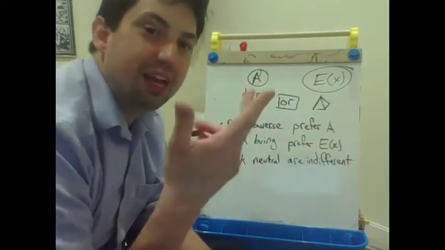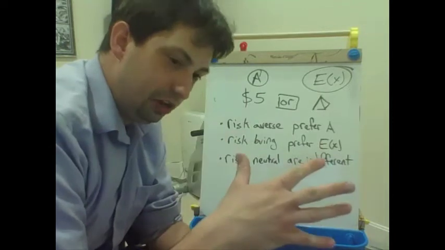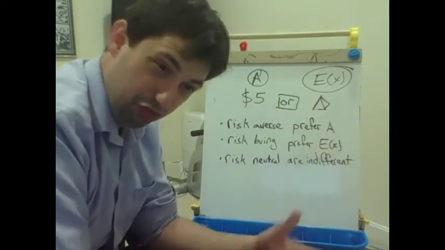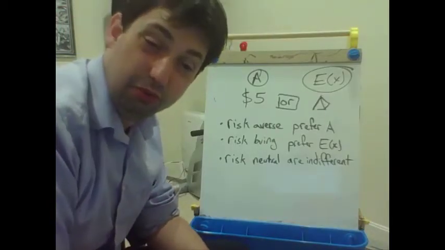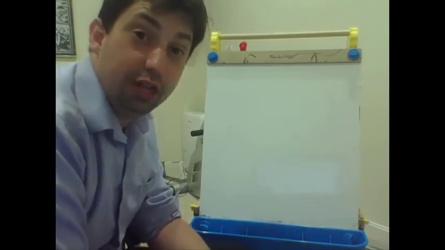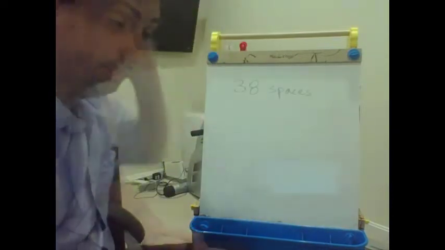But what we can do is identify how certain industries are built around people generally having different kinds of risk preferences in different scenarios. The simplest one is gambling. An American roulette wheel has 38 spaces on it.